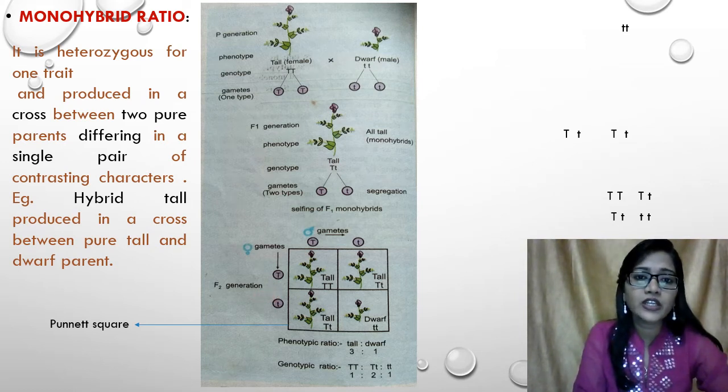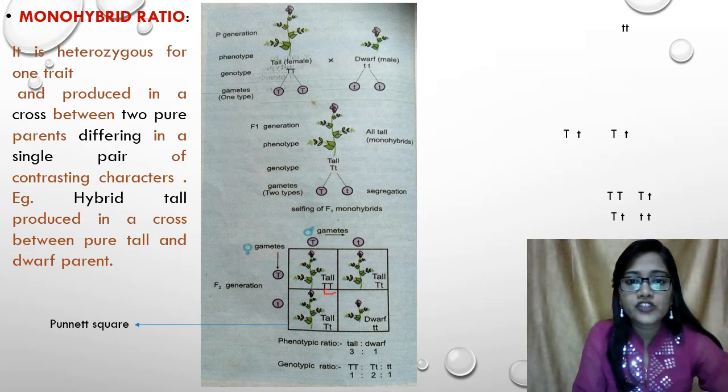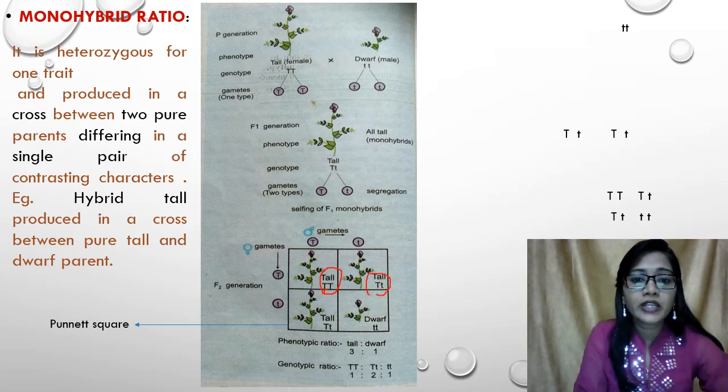What result did he get in the F2 generation? There were three tall plants. One of them carries capital T, capital T, and the other two tall plants carry the capital T, small t genotype. Genotypically they are different, but phenotypically three are the same: three are tall, one is dwarf.